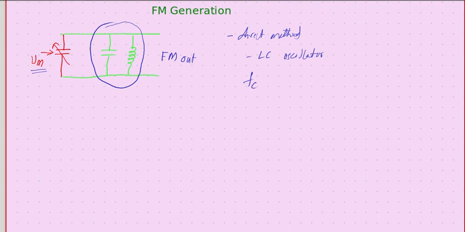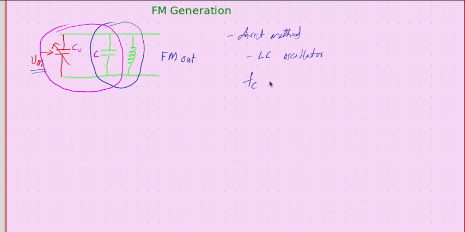So this total capacitance will be acting to generate our frequency. This is our constant capacitor, and this is our variable capacitor.